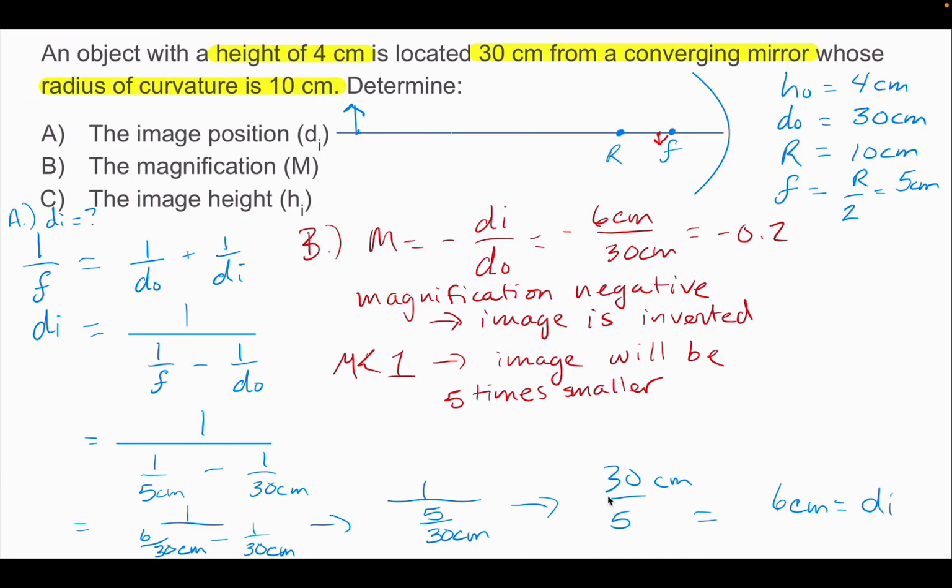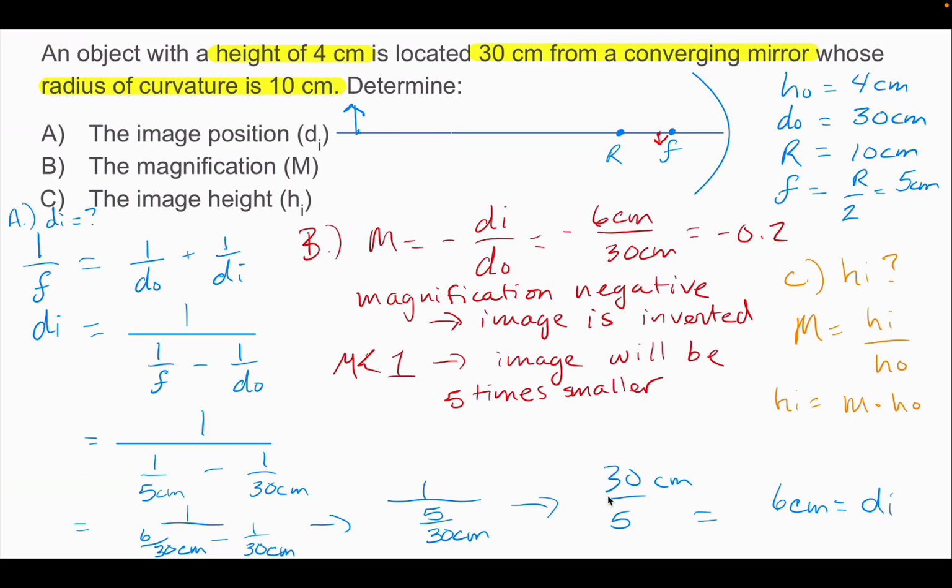Now the final thing here is looking for, and I realize I'm taking a lot of space, I'm sorry, we're looking for HI. Well, we just go back to our M. M is going to be equal to HI over HO, which means HI is going to be equal to M times HO, right?